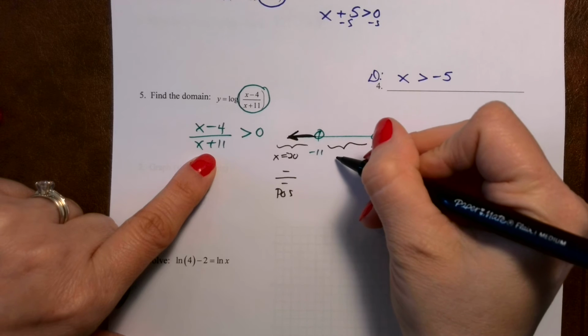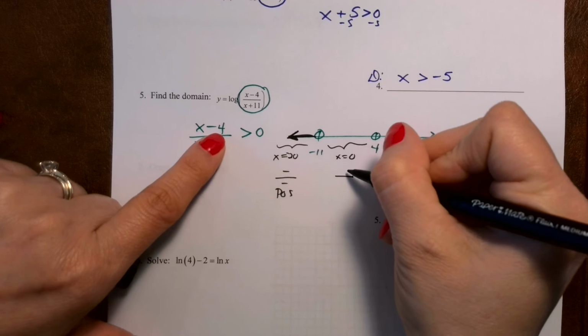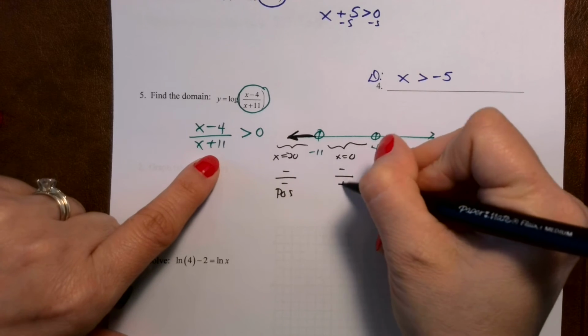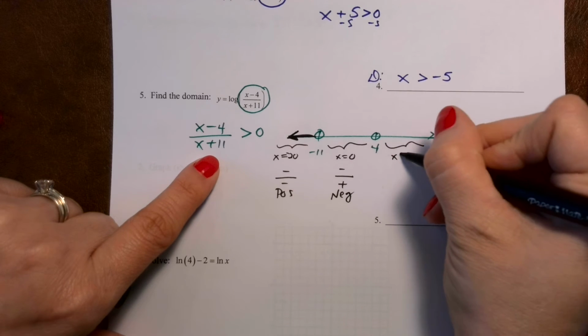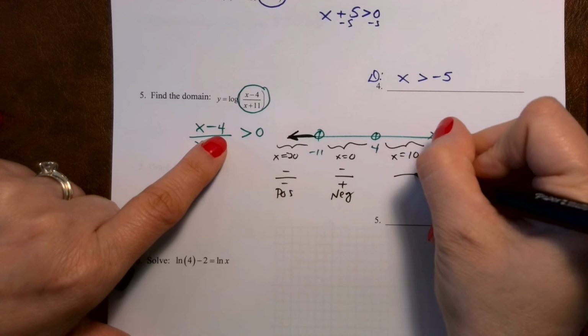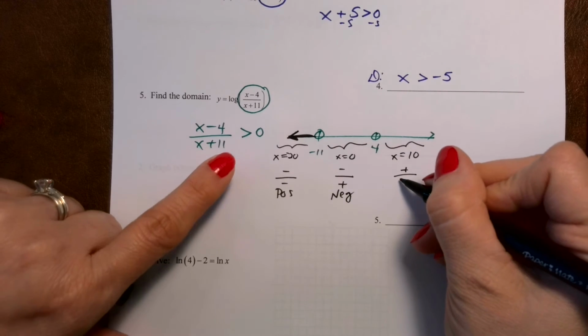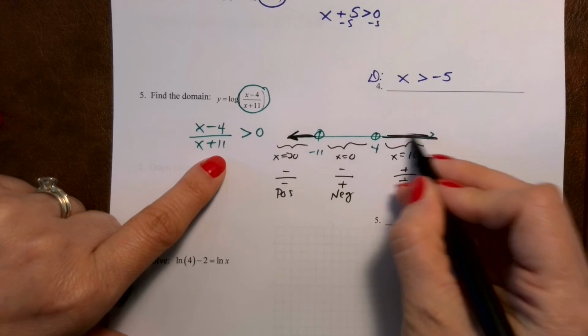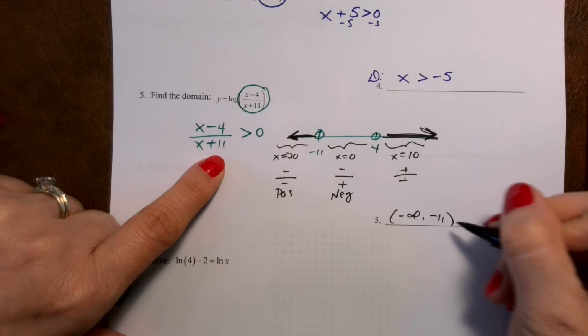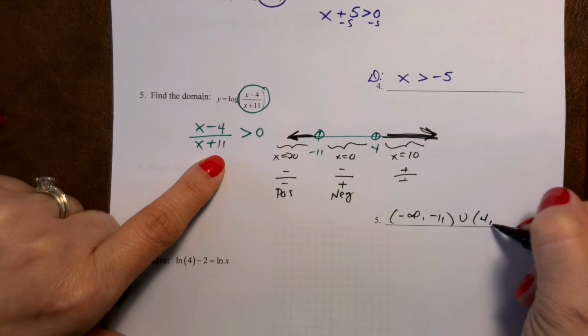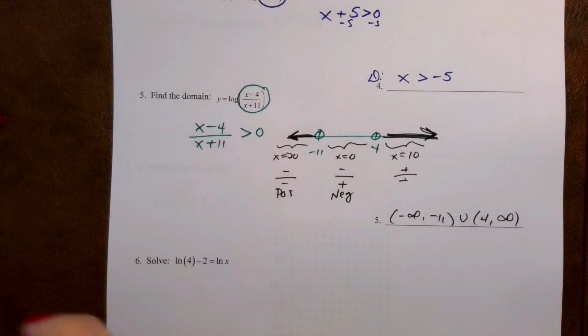In this section right here, I'm going to test 0. The numerator is negative, the denominator is positive. This section is negative and no good. For this last one, I'll test 10. The numerator is positive, the denominator is positive. This is a good section. So the answer is from negative infinity to negative 11, and then 4 to infinity.